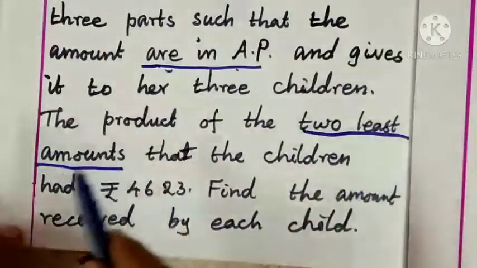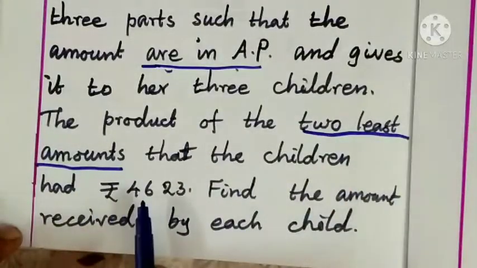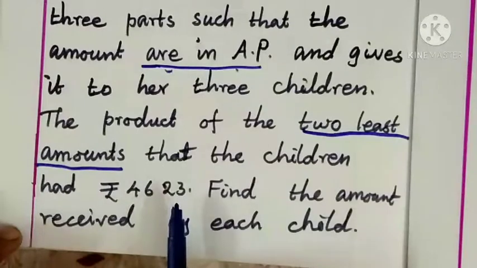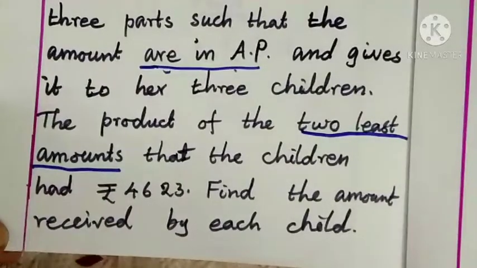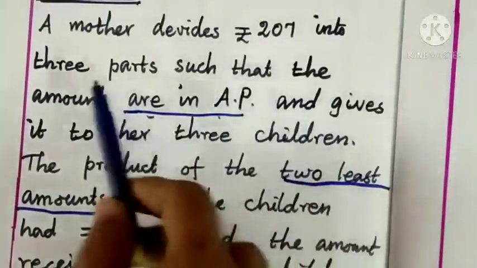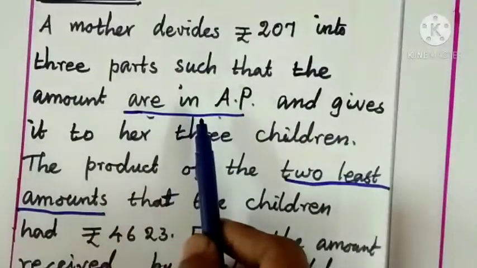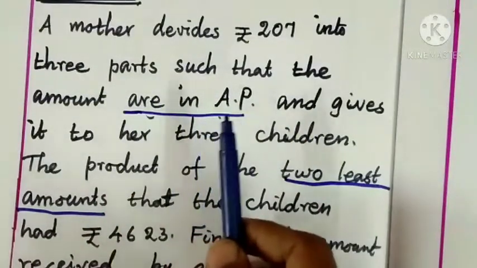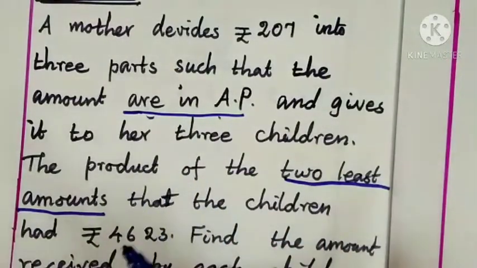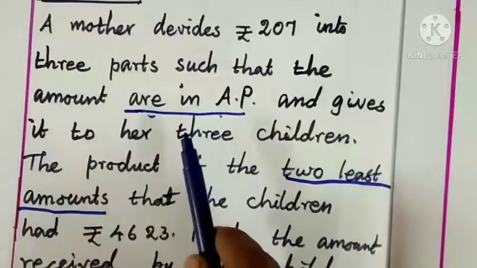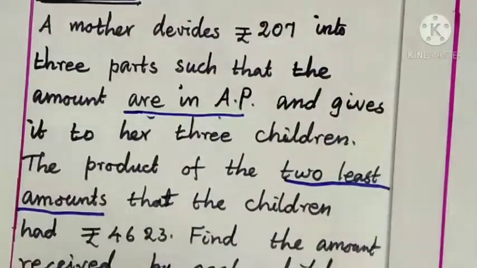The product of the two least amounts, rupees 4623, is also given. We have to find the amount received by each child. In the solution, the 3 parts are in AP, which means you have to remember the 3 consecutive terms of an AP.